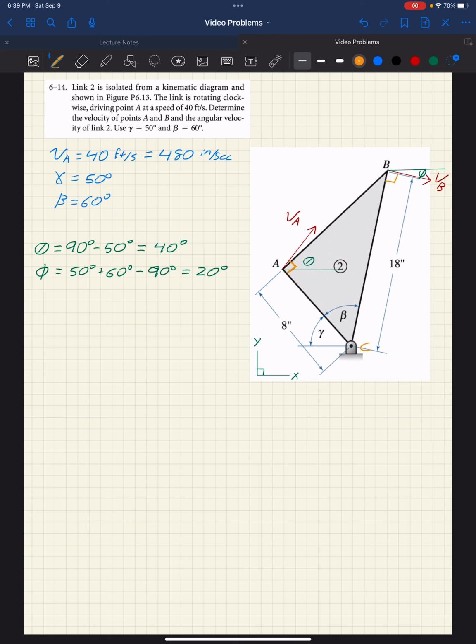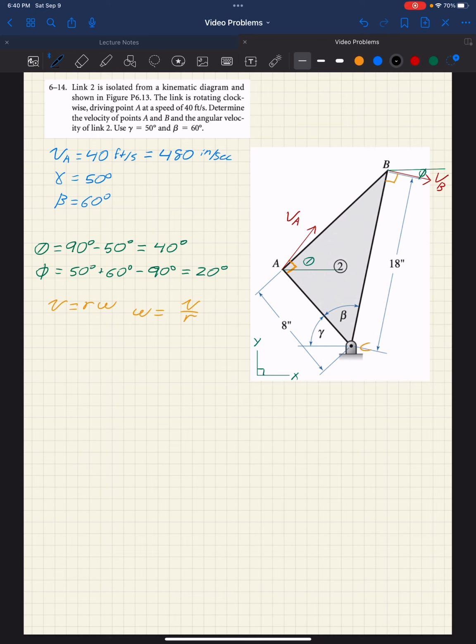V is equal to R omega. And if we rearrange this, we'll see omega is equal to V over R.